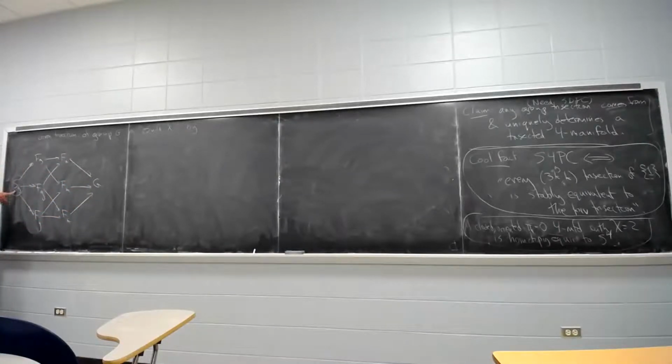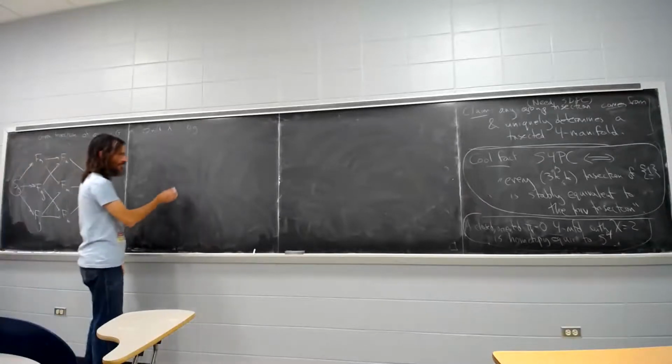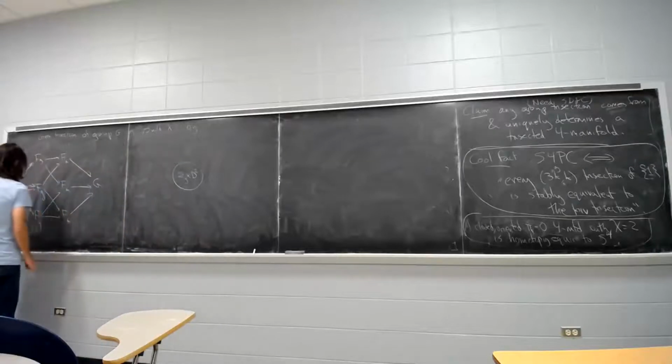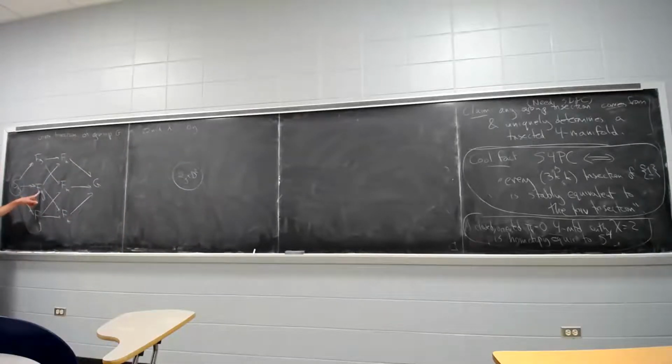So using the fact that I'm starting with a surface group, that's easy. A surface group determines a surface. So I just take the surface, G is G, cross this. What I need is some handlebodies.